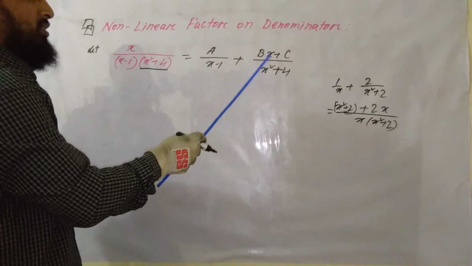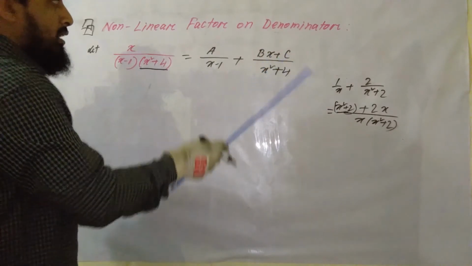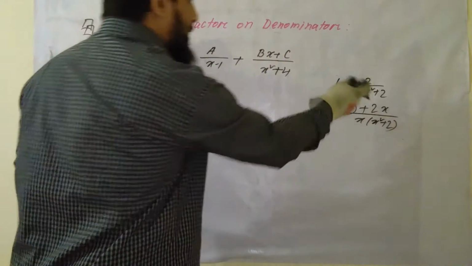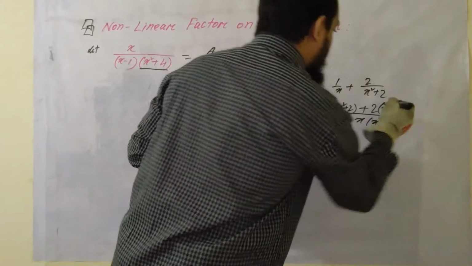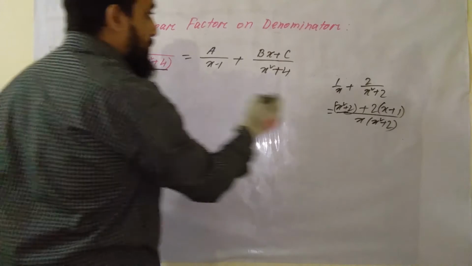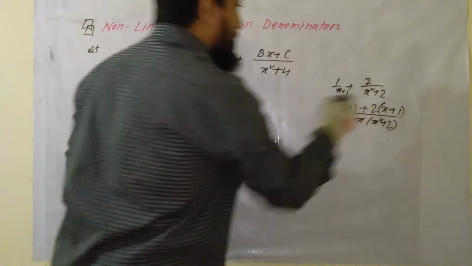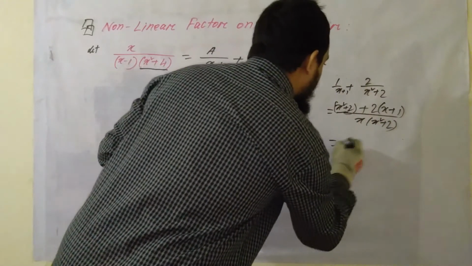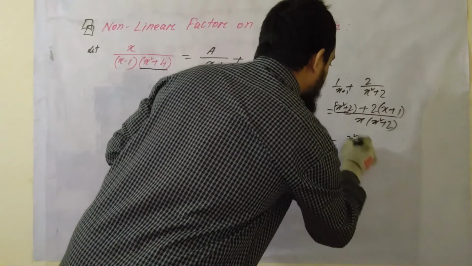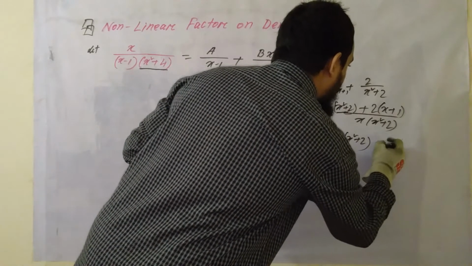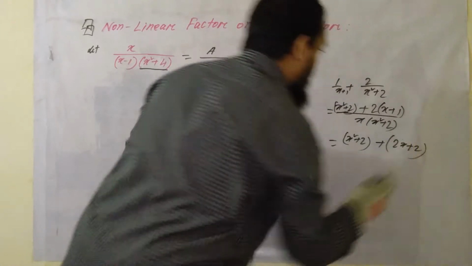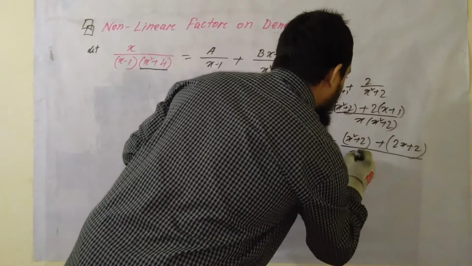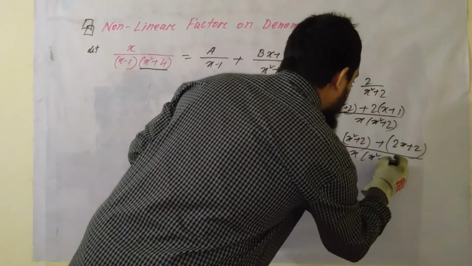This x is that x. Now what about c? If this is x plus 1, then this becomes 2 into (x plus 1). Now what are you going to write? x square plus 2 plus 2x plus 2, divided by x into (x square plus 2).